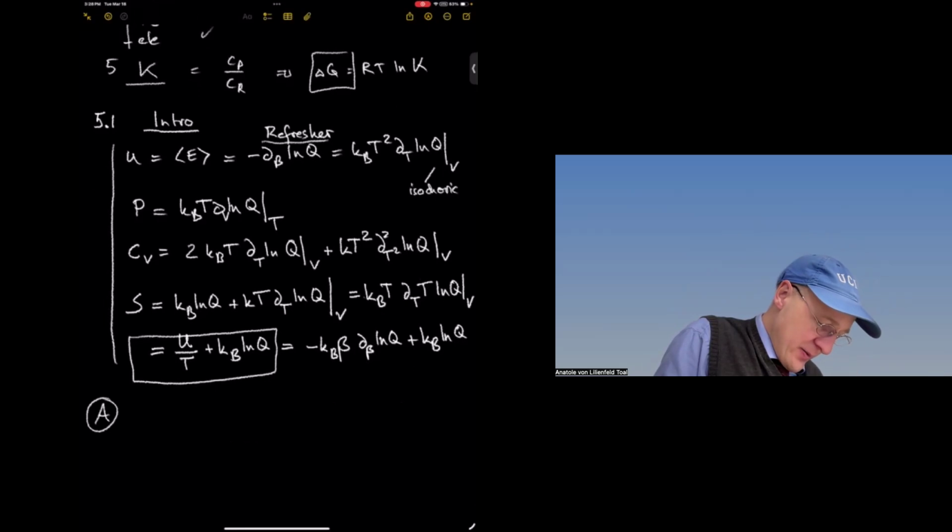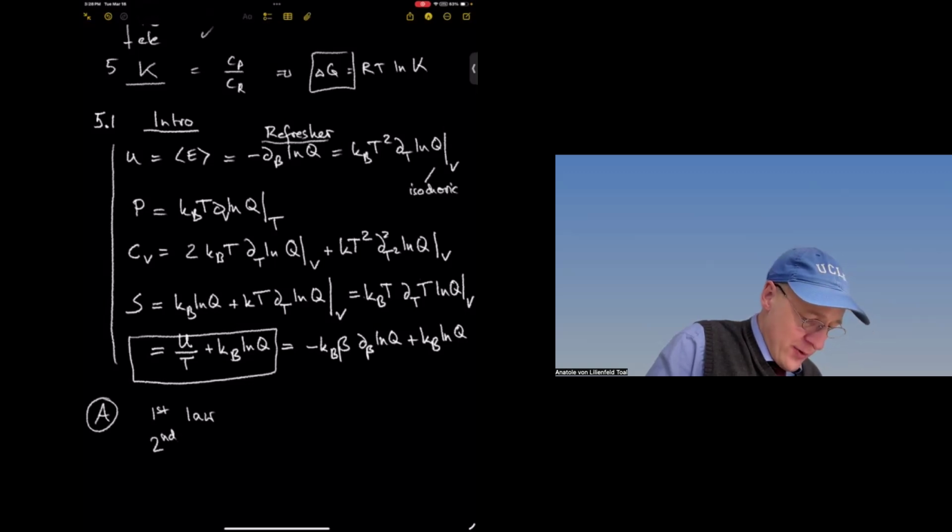And what we have is our cherished first law, and the second law, which we derived, but it still holds.